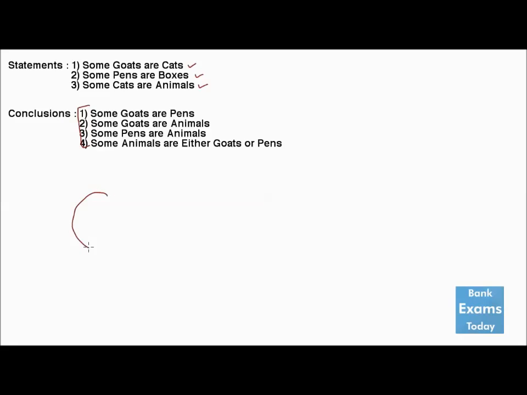So let's draw a circle for goats, and this one for cats. Some of the goats are cats. That means a part of goats and a part of cats. A part of goats are cats and a part of cats are goats.